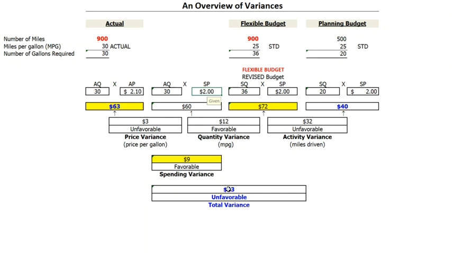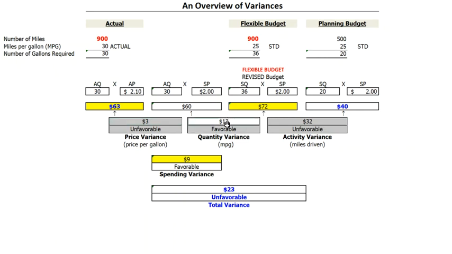So we've been able to break down this total unfavorable variance into three components: a price variance, a quantity variance, and an activity variance. Notice we have a $32 unfavorable activity variance and a $3 unfavorable price variance. That's a total of 35.